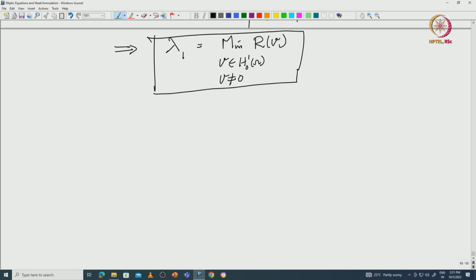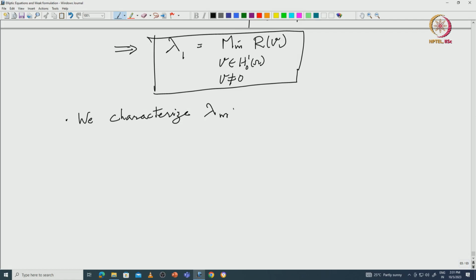Okay, so I have a little more, probably I will start with it in the next class. We characterize now in the next class, I will not do all the details, and then prove one more thing, characterize lambda m.